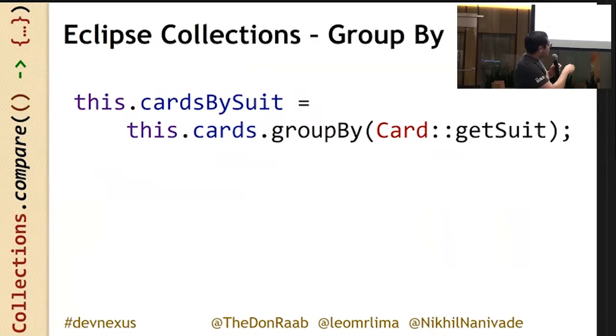Now Eclipse Collections has something called covariant overrides. So if you do an operation over a particular rich iterable of Eclipse Collections, we will return the same type or the most equivalent type for that. What that means is, since cards is an immutable list, when you do a group by on cards, it returns an immutable list multimap.